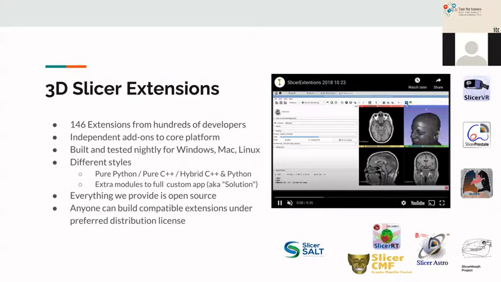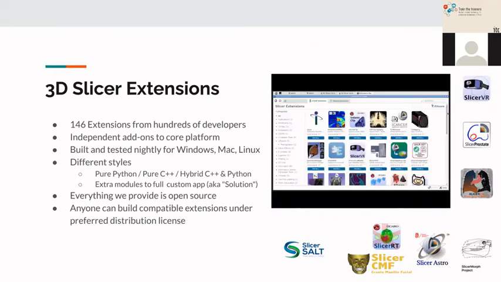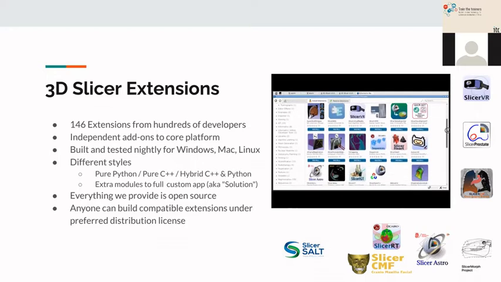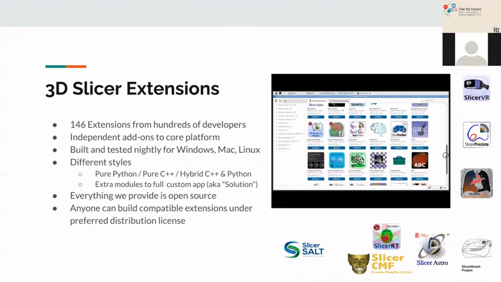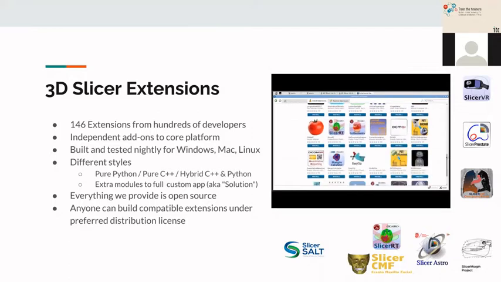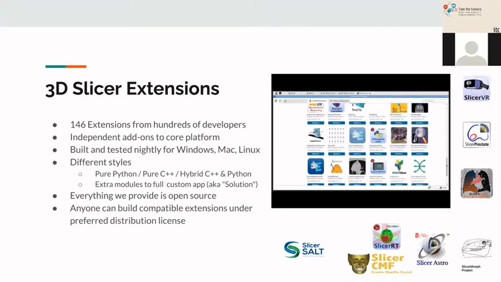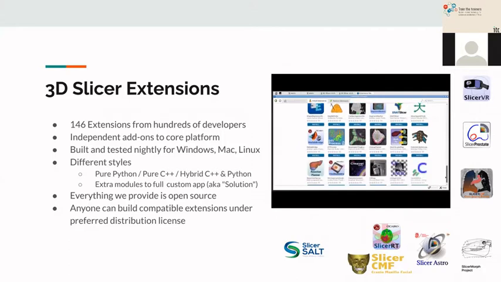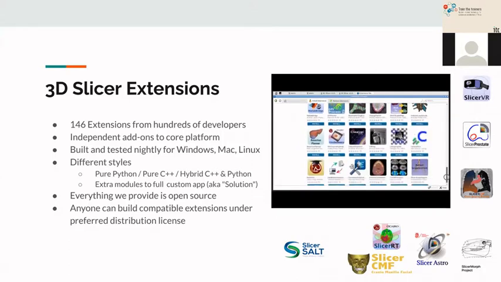Then the other concept to remember is that Slicer is built on this concept of extensions. I'm showing you here a little video of the Slicer Extension Manager. These are some of the things that are available. Effectively, these are like an app store for add-ons to Slicer. There's 100 plus of those available.